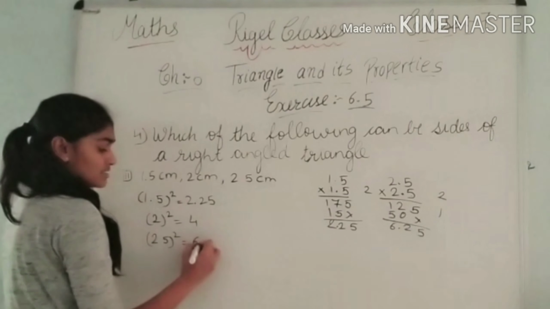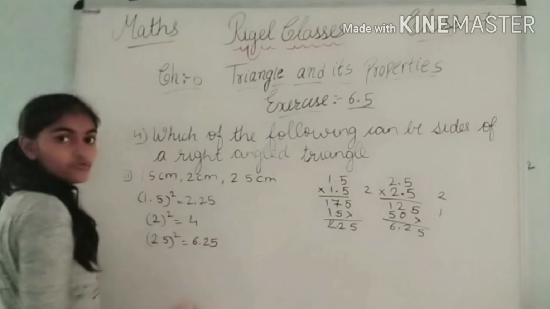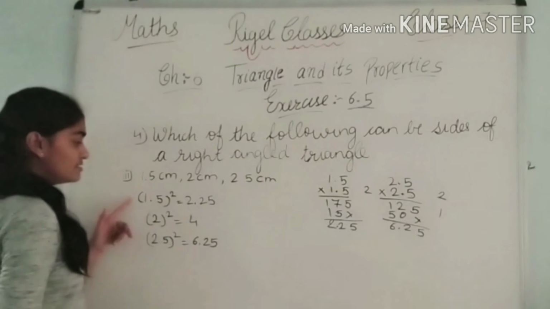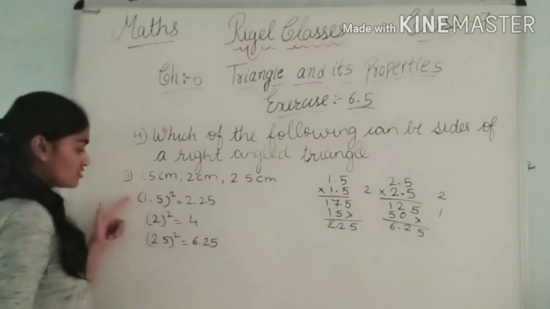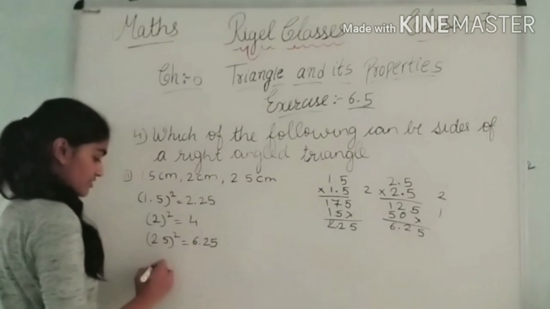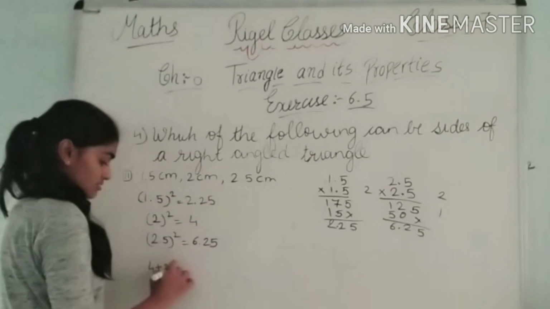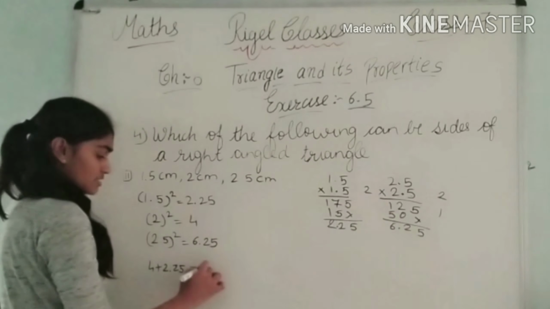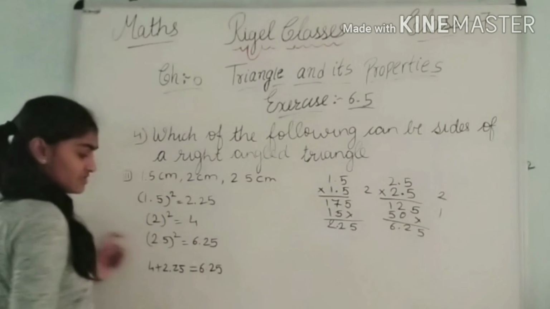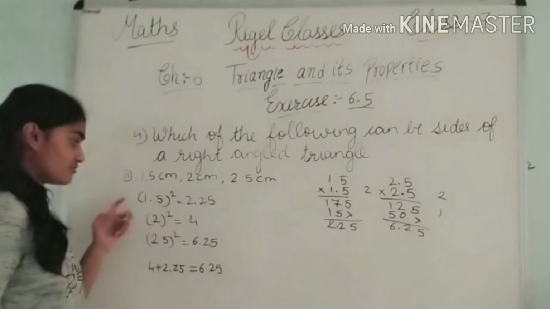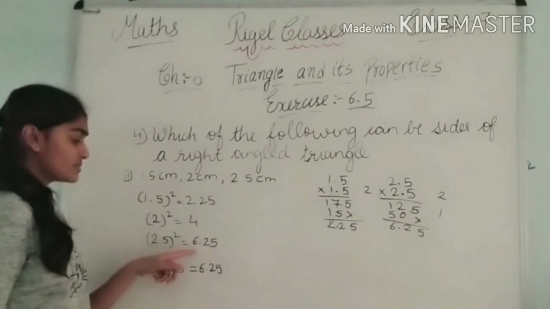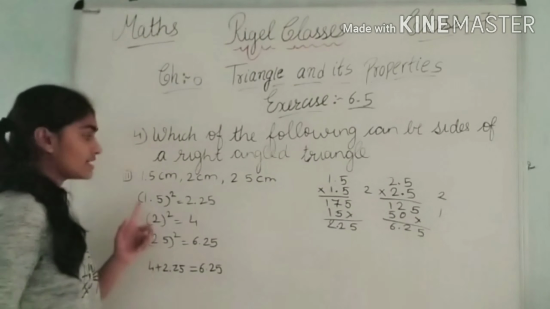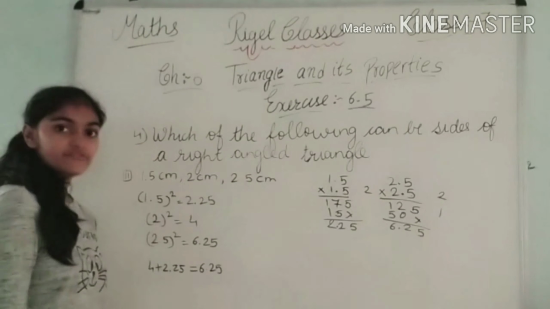So it will be 6.25. Now again we will add two sides which are small. So here first and second are small. We will add 4 plus 2.25, which equals 6.25, which is equal to the third side. So we are getting sum of two sides equal third side. So these are the sides of a right angle triangle.